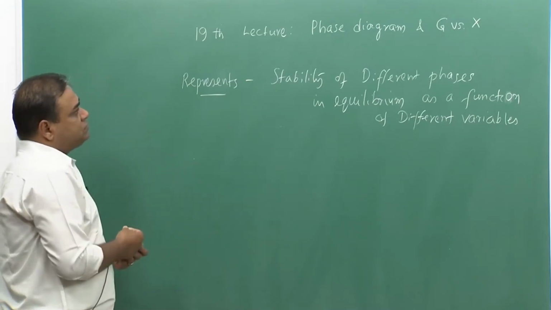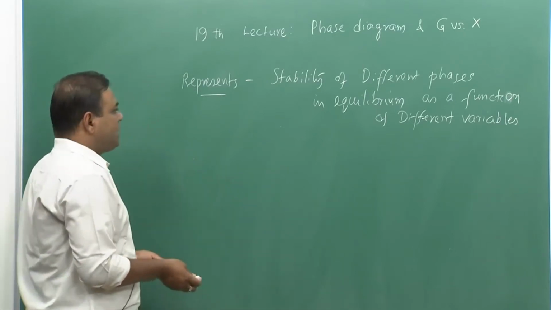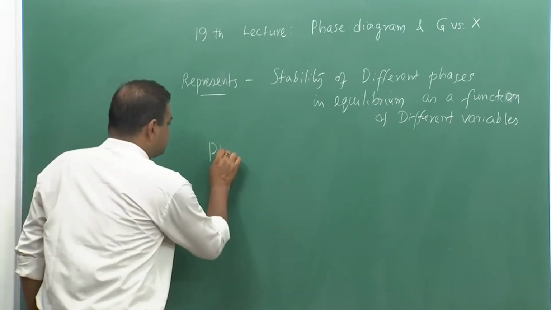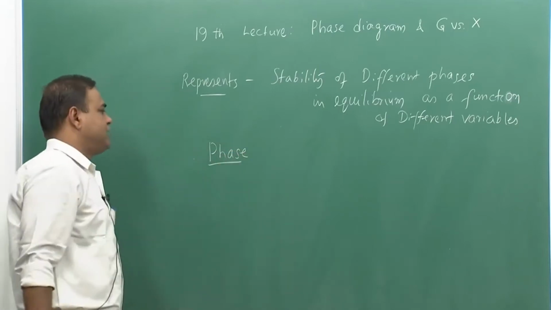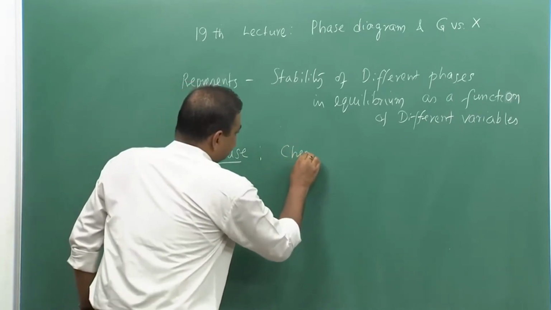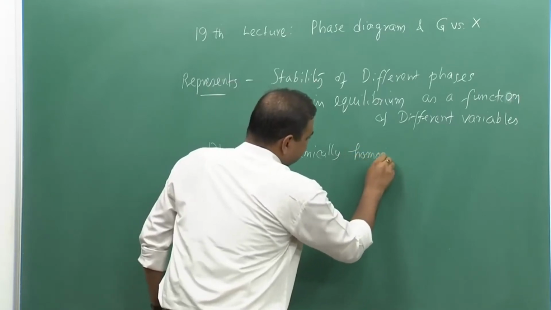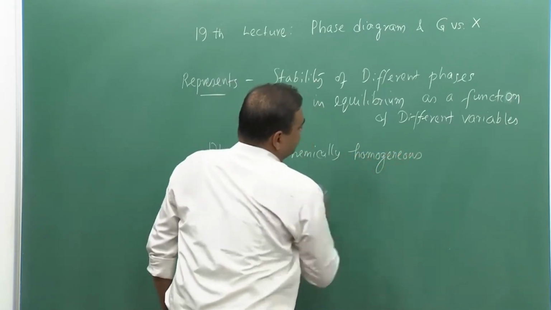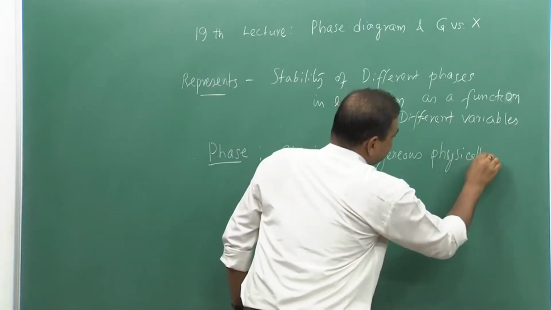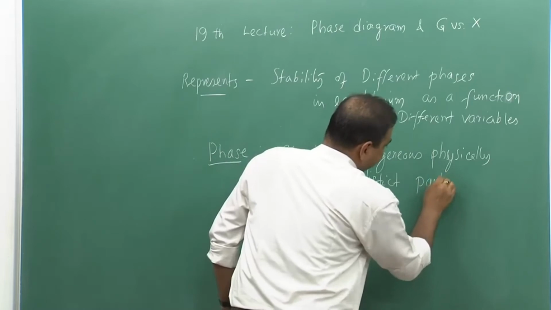Now, in order to get to a little bit more about phase diagram, we need to understand few parameters. Of course, first thing it comes phase, as we have understood before, that chemically homogeneous, physically distinct part of a system.